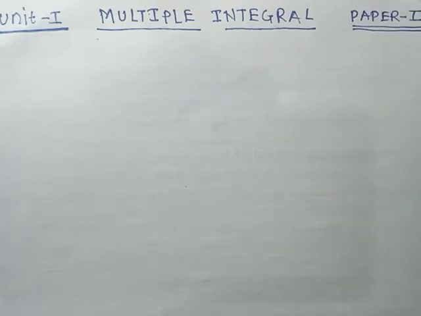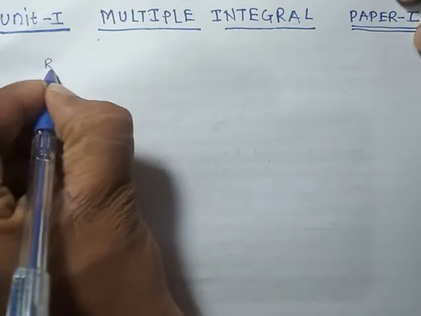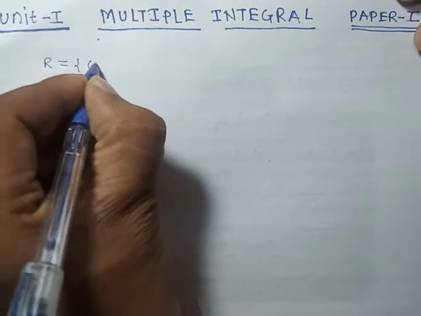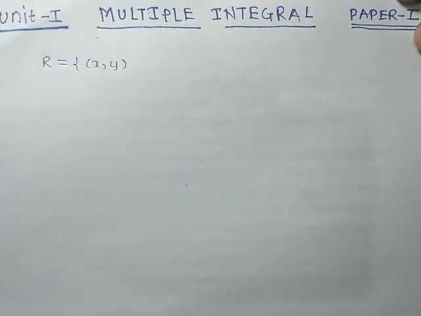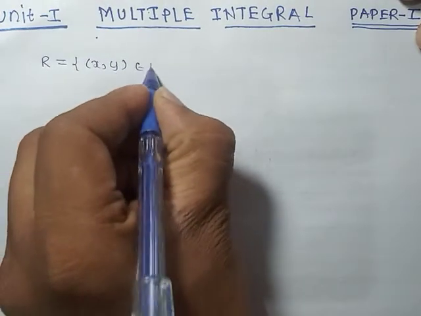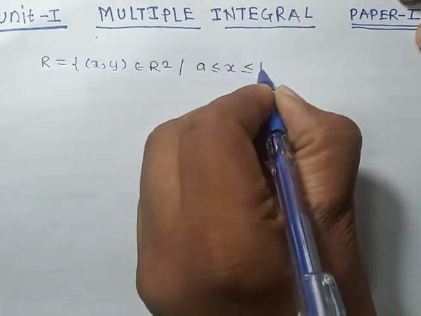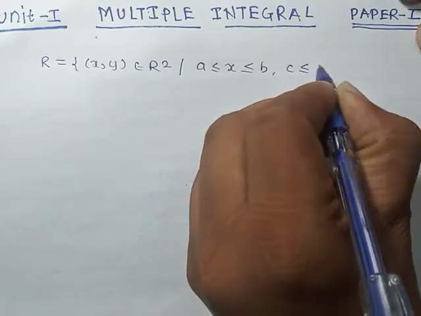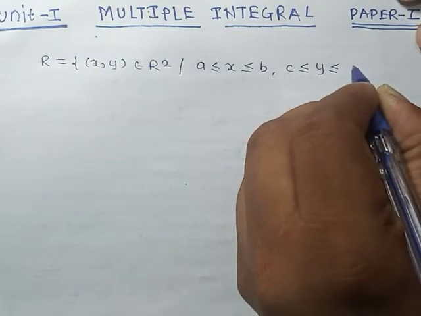Actually, a rectangle is a region defined with some properties. So what is a rectangle? Usually a rectangle is denoted by capital R, equal to the set of points (x, y) belonging to R2, since we are defining the double integral, such that a is less than or equal to x, which is less than or equal to b, and c is less than or equal to y, which is less than or equal to d.